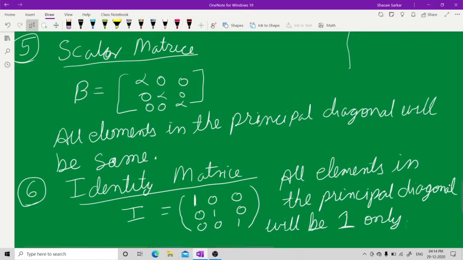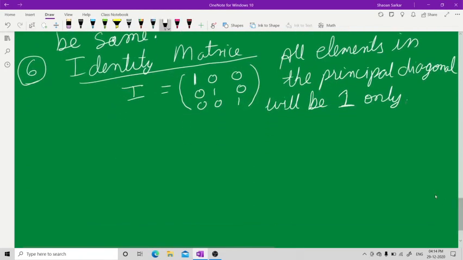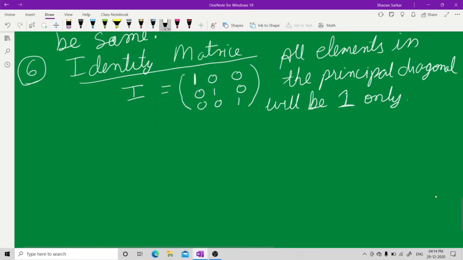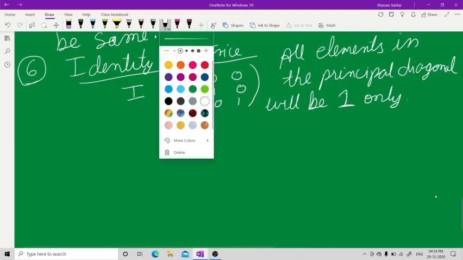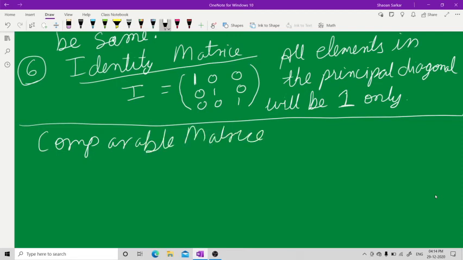Now the next is a comparison. This is a different concept. Let us draw a line. Now let us see what a comparable matrix is. A is a matrix of 2 cross 3.